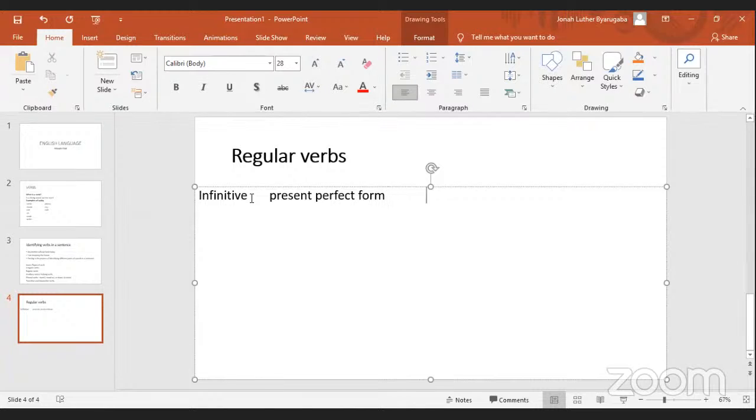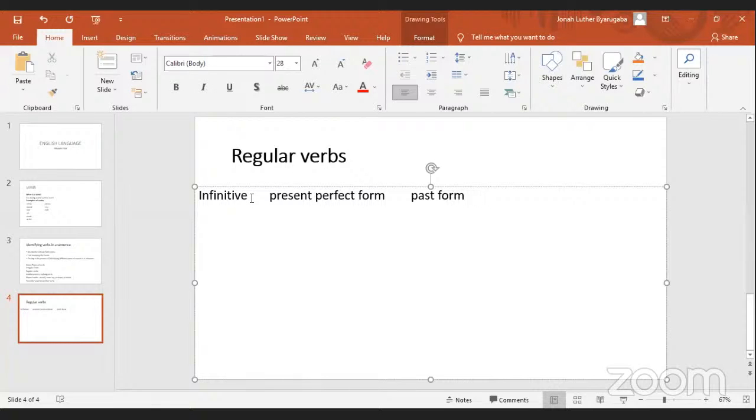The other form is the past form. Allow me to call it past form, not past tense, for the reason of not confusing the two. There is a difference between a form and a tense. So verbs in the past form allow us to make past tenses of different sentences.